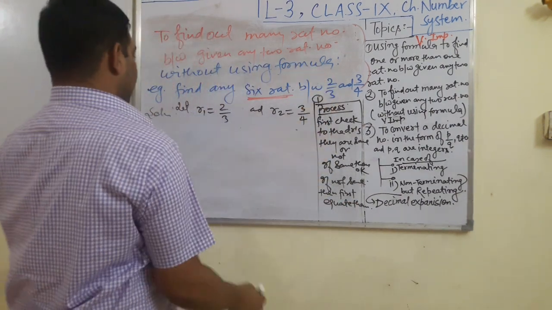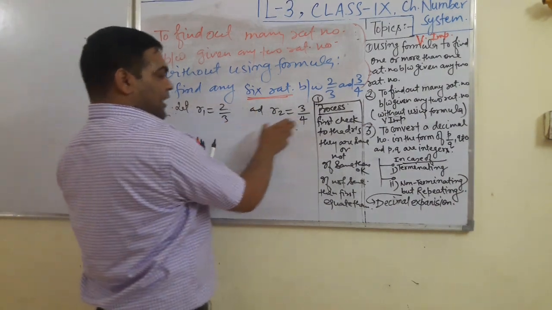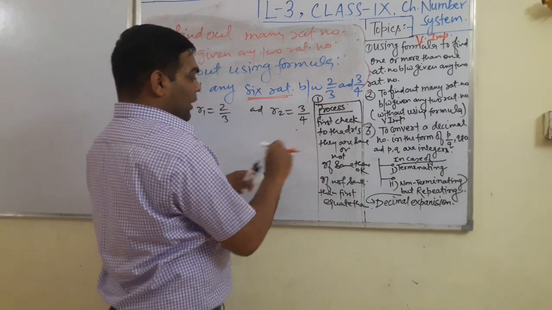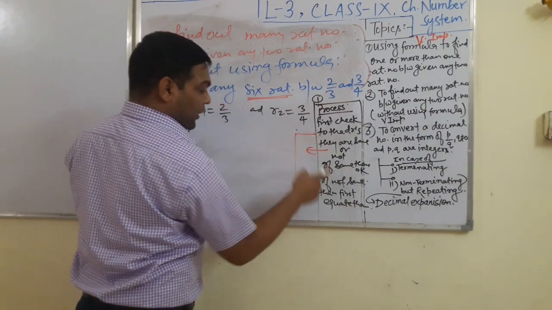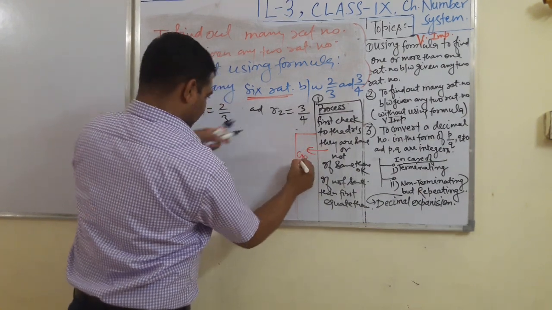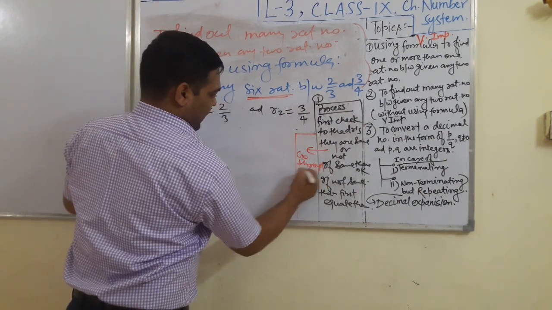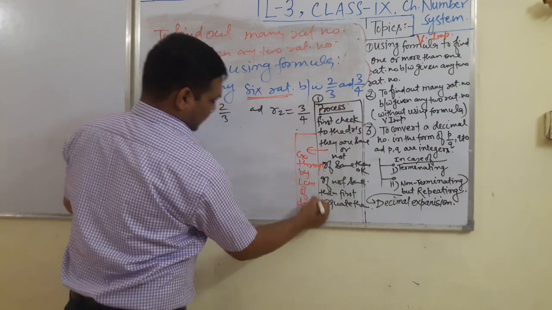So look here. Here it is 2 by 3 and 3 by 4. The denominators are not the same. How will you proceed? Go through the LCM of the denominators to equate the denominators.